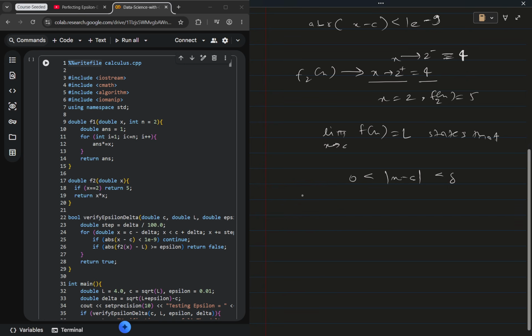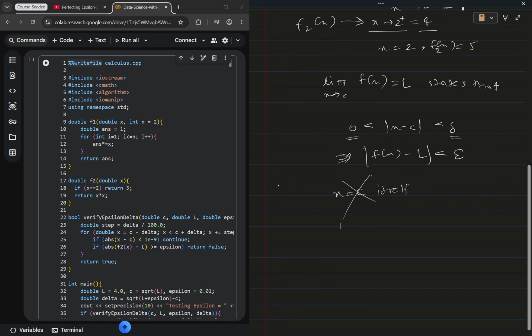Obviously delta has to be greater than 0 and epsilon is greater than 0 as well. For this piecewise function it explicitly excludes the point x equals c itself. So you have to exclude this.